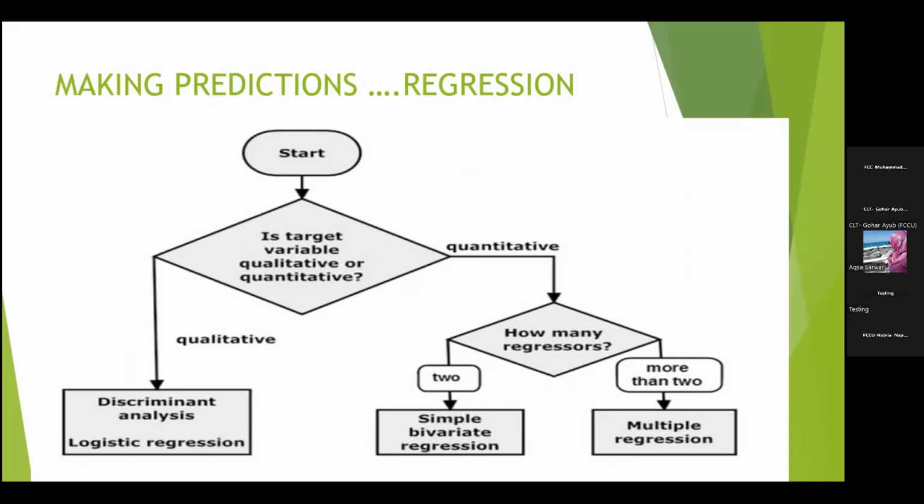But if it is quantitative, then we discuss how many regressors, meaning how many variables. If there is one, we can go for simple bivariate regression like y equals alpha plus beta x plus epsilon, the error term. But if we have more than one regressor, then we adopt the multiple regression analysis technique.